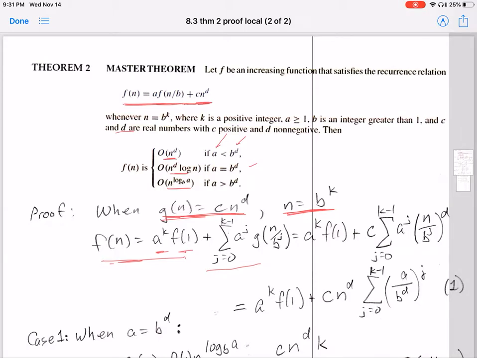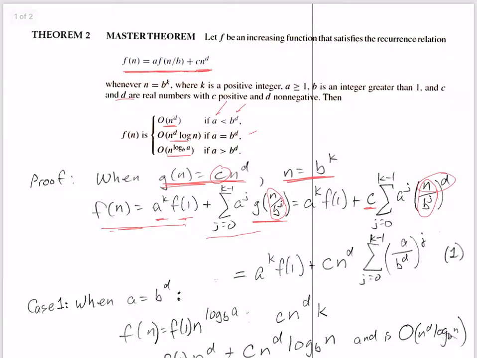All right, well, we can substitute for this with our known function, and this c inside will just factor out, and this argument here will simply be raised to the d power inside the sum. And this n to the d is not related to our index, so it can come out. So I have c times n to the d out in front of the sum.